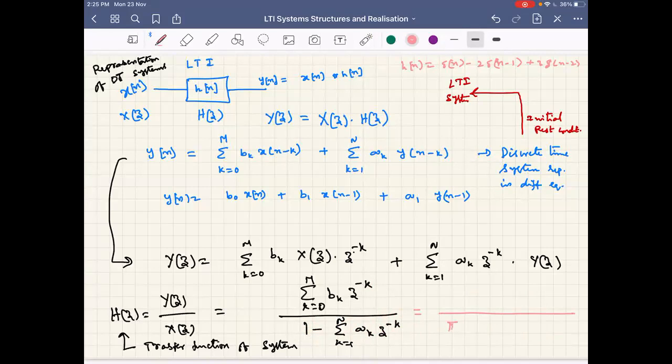We can write this as 1 minus some a_k z inverse. So this a_k is different than this. Okay, so this and this are different. So you can see that this c_k will let us write the product of 1 minus d_k z inverse.